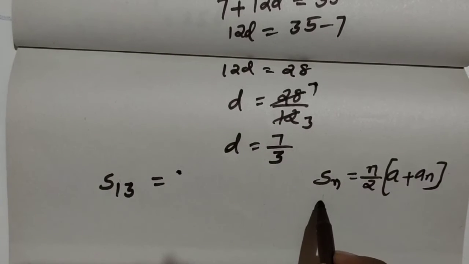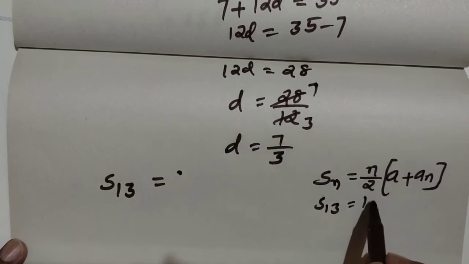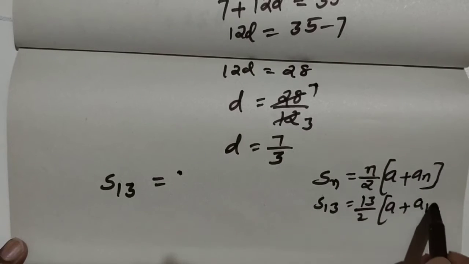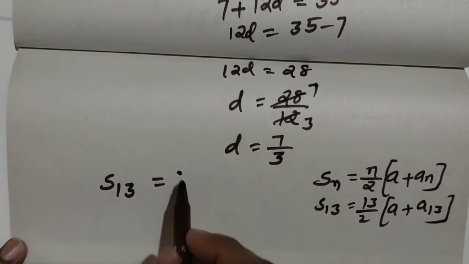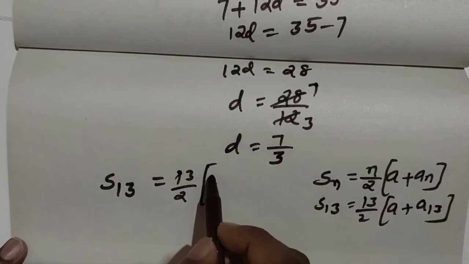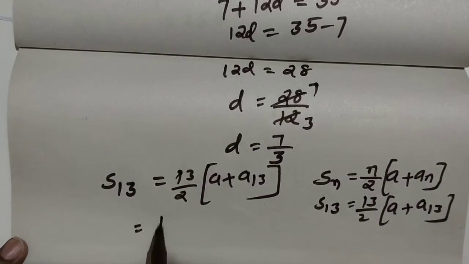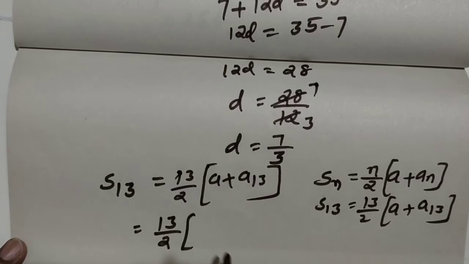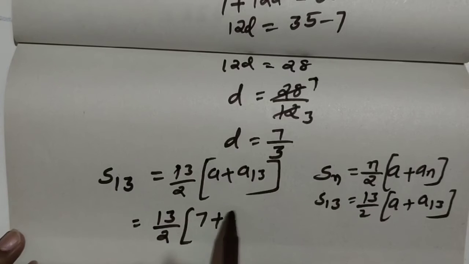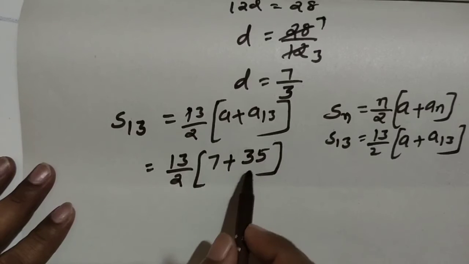So here we can write S13 is equal to 13 by 2 into A plus A13. First 13 by 2 into, write the A value 7 and A13 35. By substituting them we get 7 plus 35.